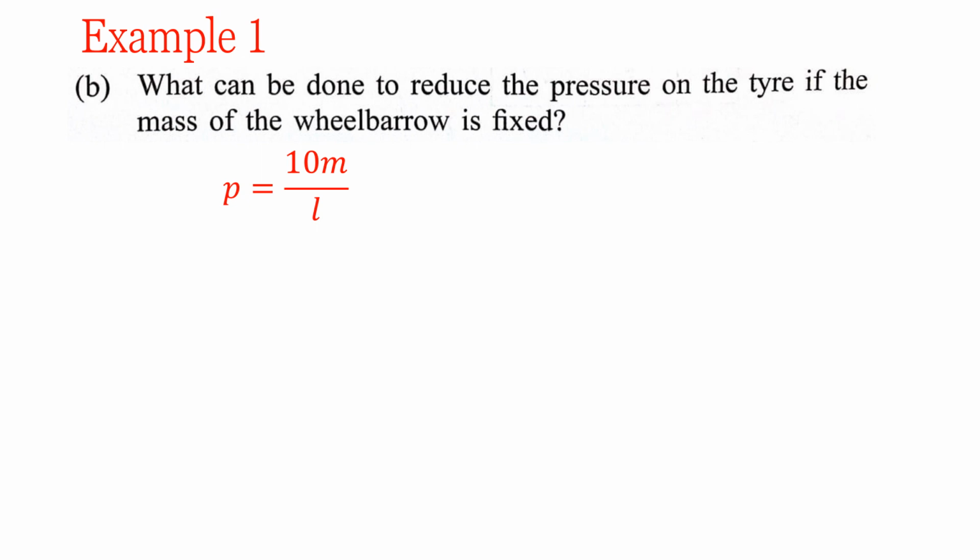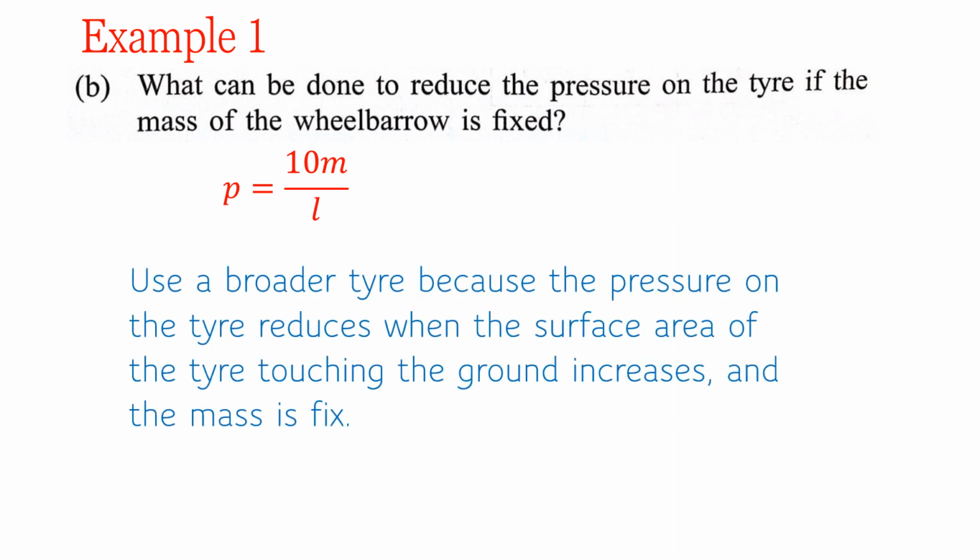If you want to reduce the pressure, you need to increase the surface area. Therefore, you have to use a broader tire, because the pressure on the tire reduces when the surface area of the tire touching the ground increases and the mass is fixed.